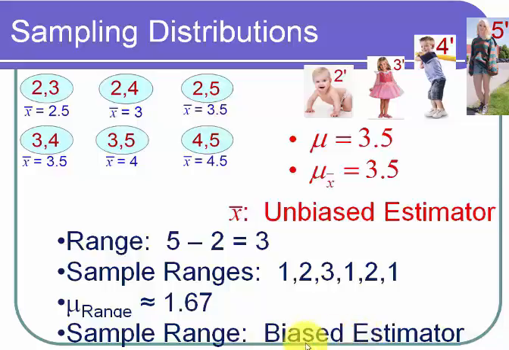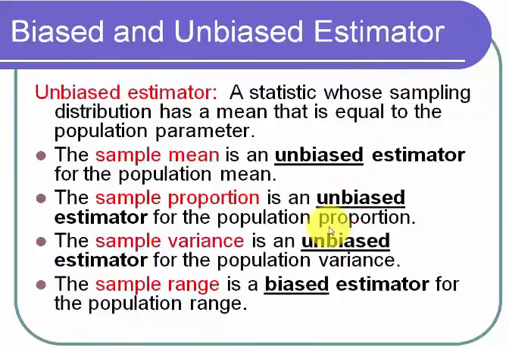This is really important because if we collect a sample and find the range for that sample, that's a really bad guess for the range for the population. On the other hand, if we find the mean of a sample, that's a very good guess for the mean for the population. So let's look at some other statistics.